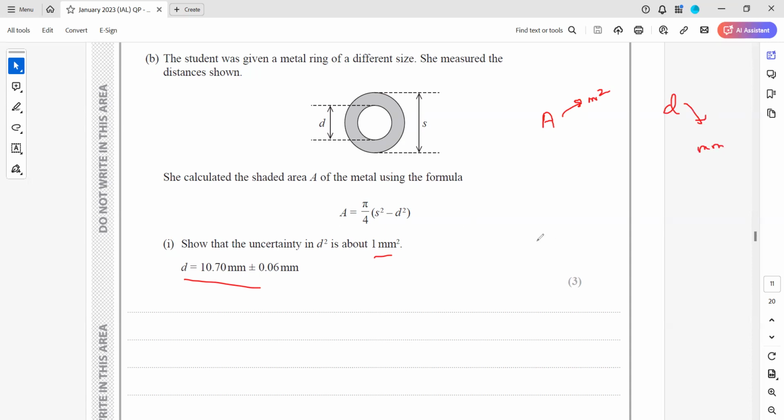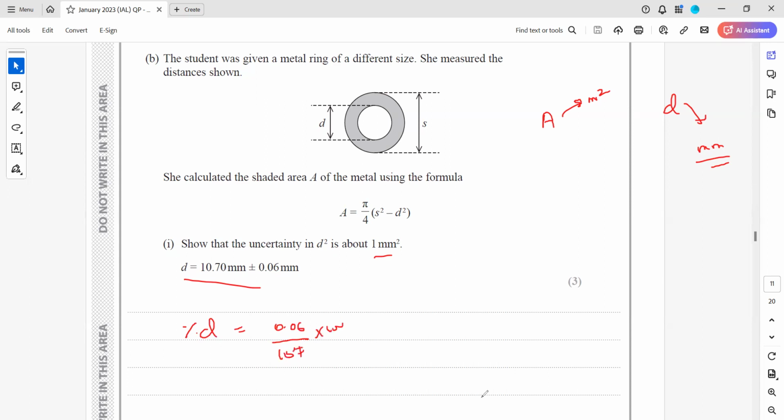You can convert into meters, but even if you don't convert the units, it won't make a difference in a percentage. So first we work out the percentage uncertainty in D: 0.06 divided by 10.7, times 100.